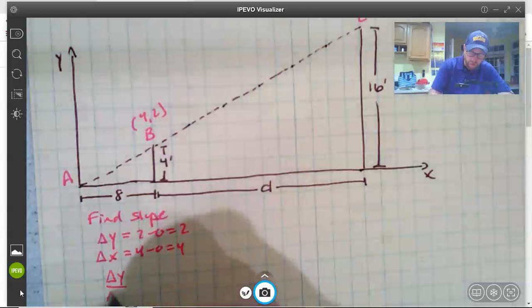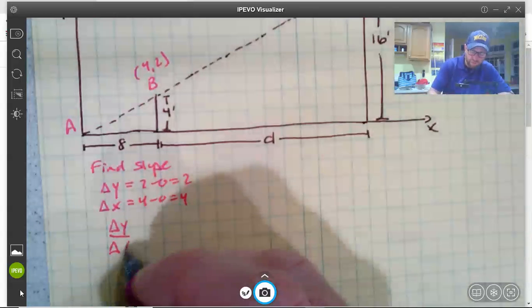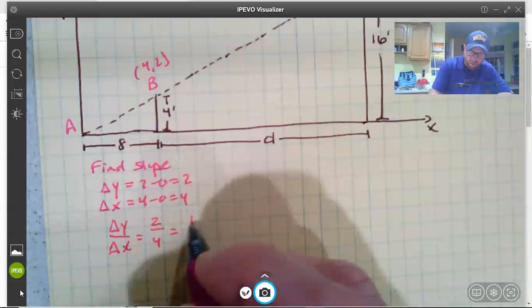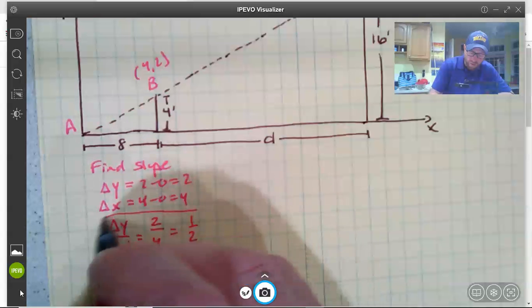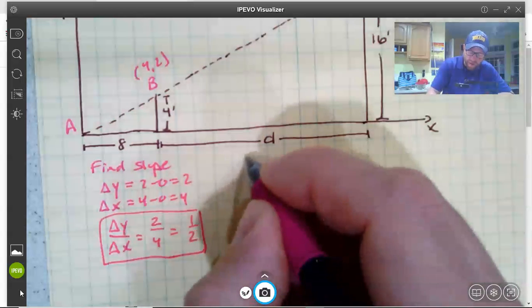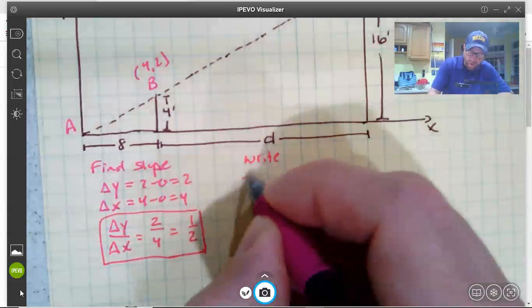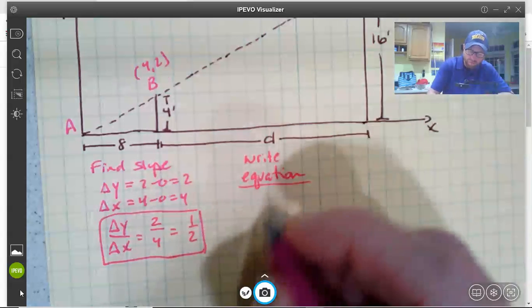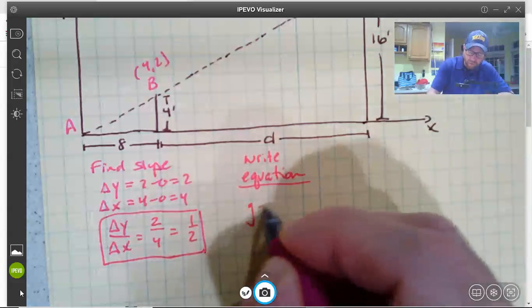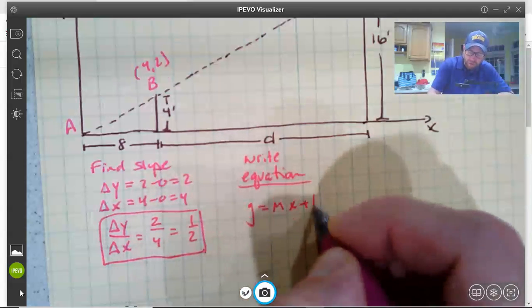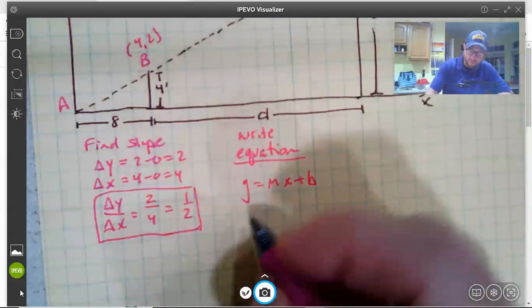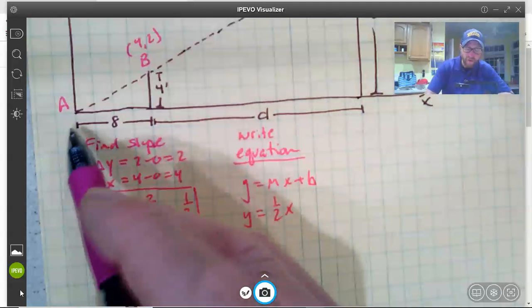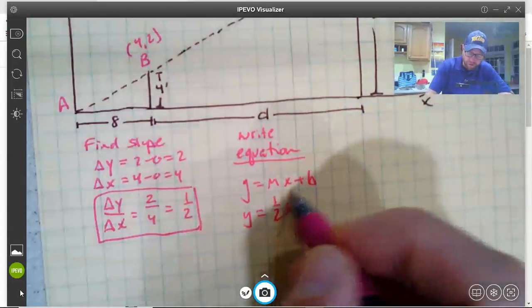So change in y over change in x, 2 over 4, which reduces to 1/2. Next, write the equation. We're going to use slope-intercept form, mx plus b, because we know the intercept. So y equals 1/2 x, and the y-intercept is just 0, so we can leave off that entirely.